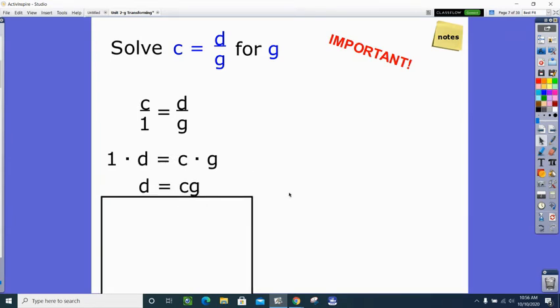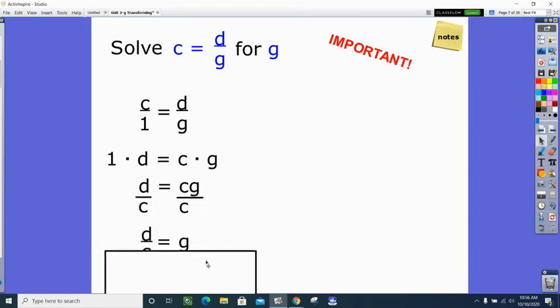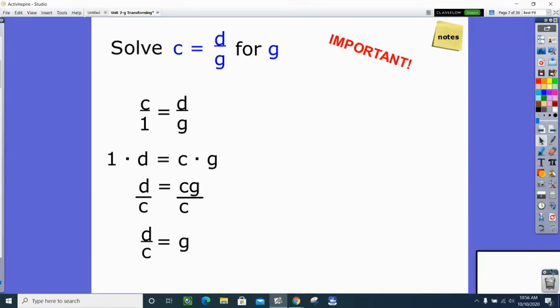And you might say, well, Mrs. Woodruff, you didn't solve for G, but now I can very easily. Now, if I divide both sides by C, I will leave G in the numerator, G over 1, and that would be the solution. If you make the mistake that I said at the beginning, you will have C over D, not D over C. You will have it flipped by mistake.